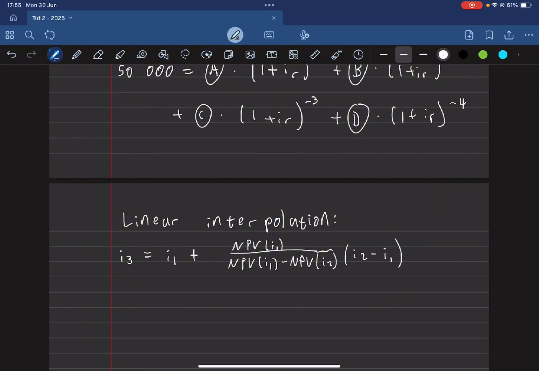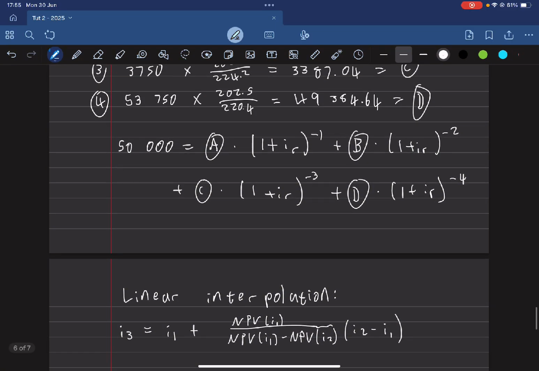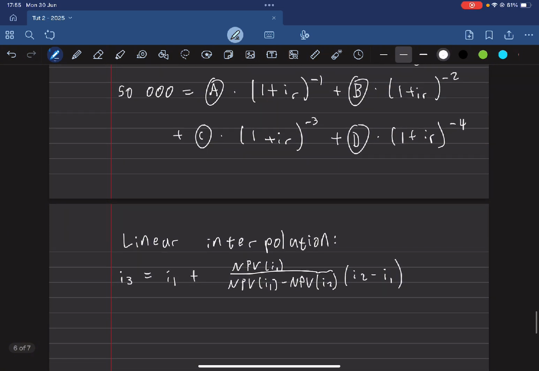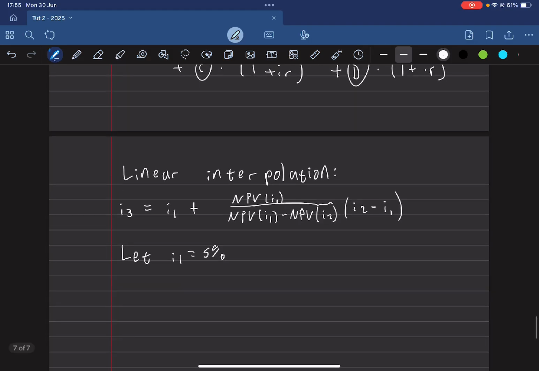You need to make sure one of your guesses has a positive net present value, so R1 should have a positive net present value and R2 a negative one. So I'm going to guess that I1 is around 5%, and I2 is going to be 6%.